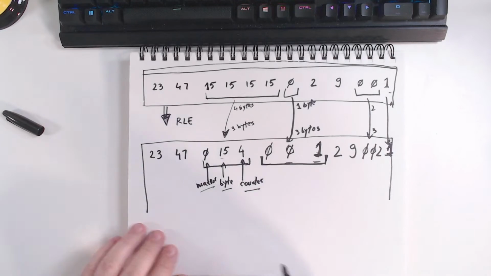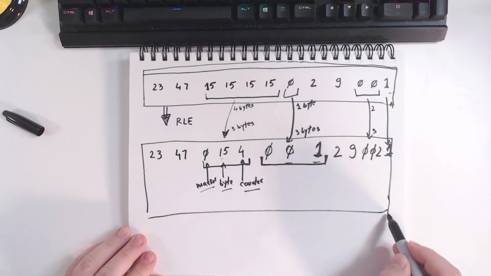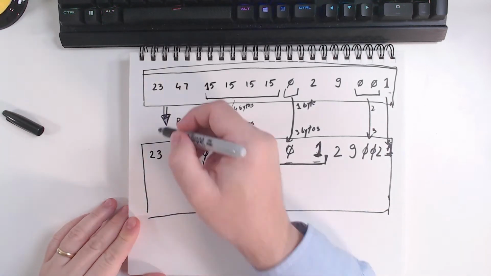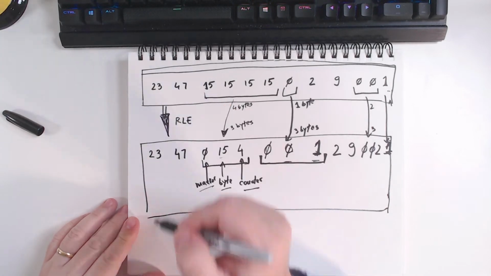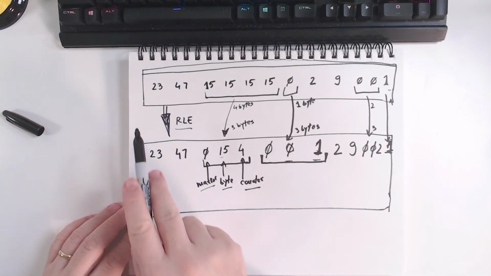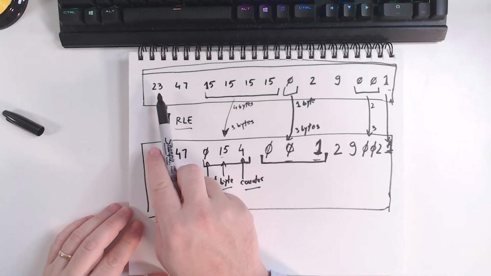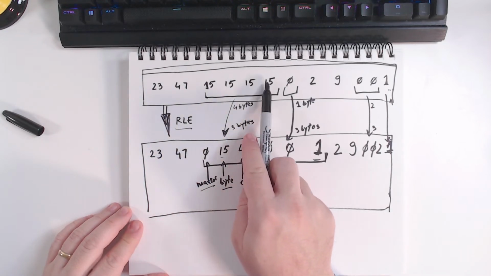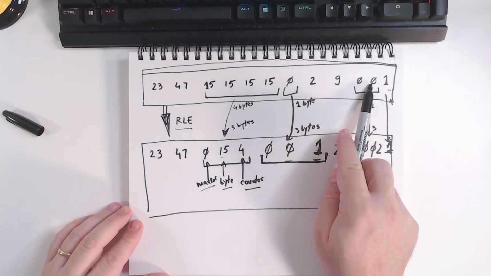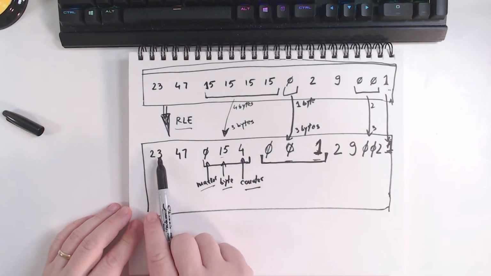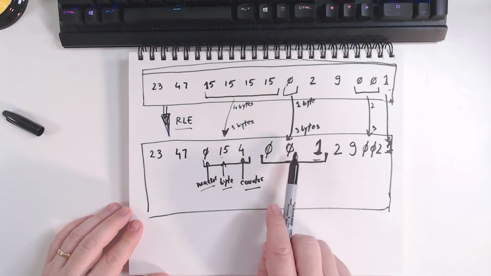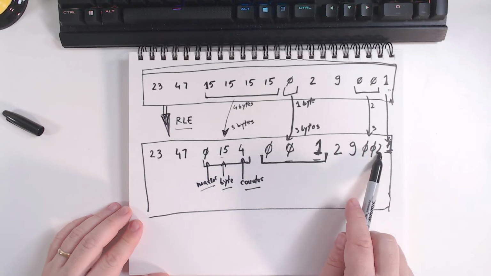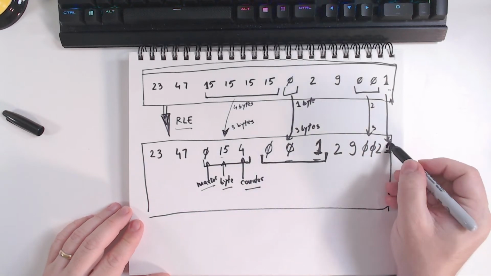All right, so based on what we can see here, this was a very disadvantageous situation to use compression, because the original file, which was 12 bytes, was encoded in 14 bytes.